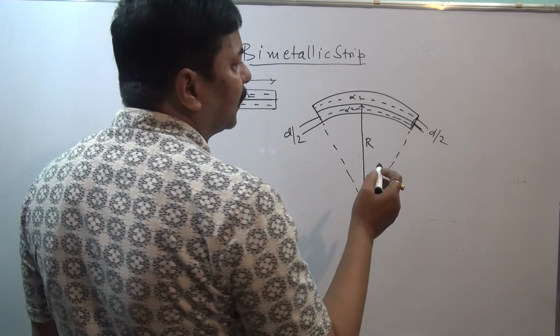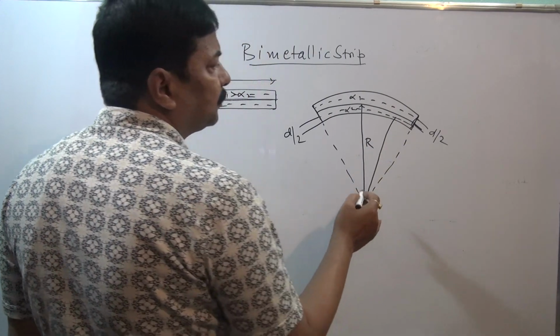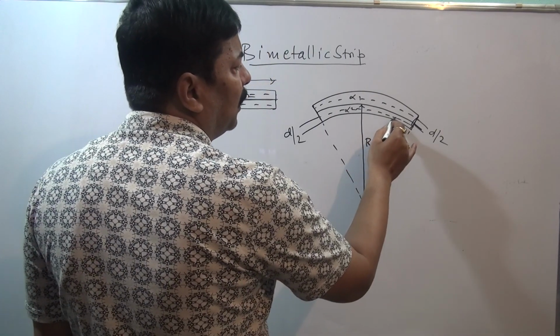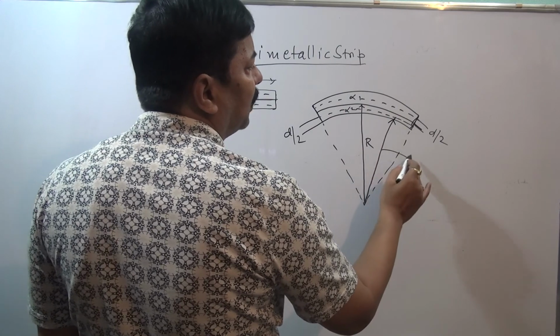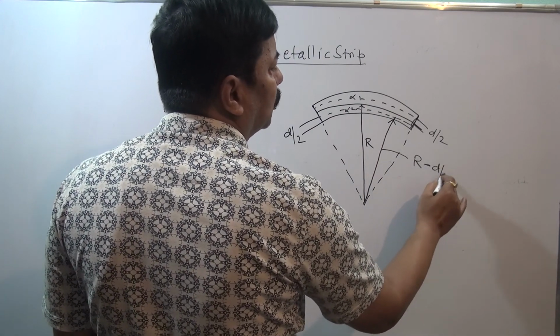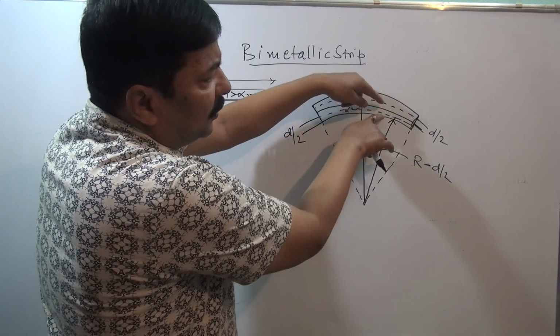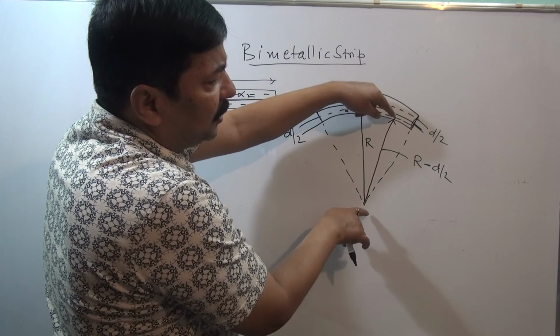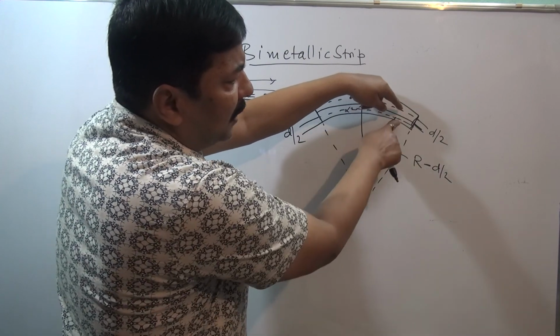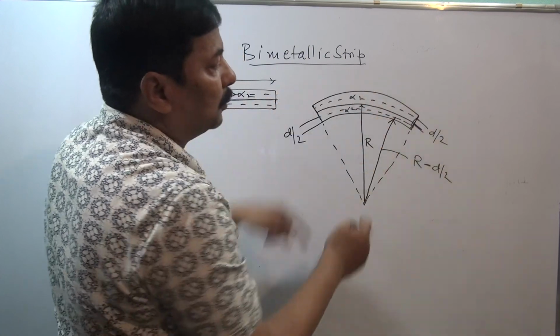If I take this as the radius r, then this value will become r minus d by 2. See here, this is r, this distance is d by 2, so this distance is r minus d by 2.